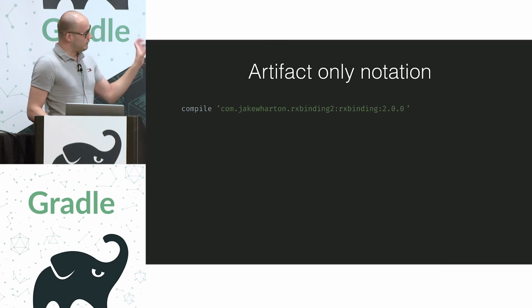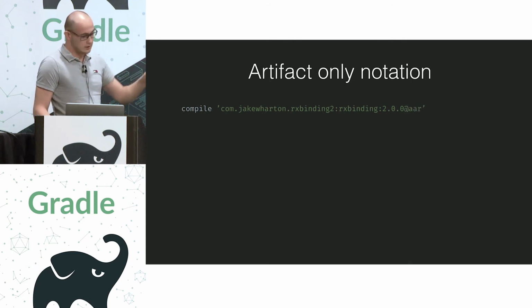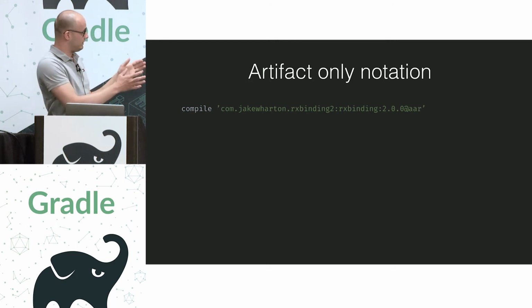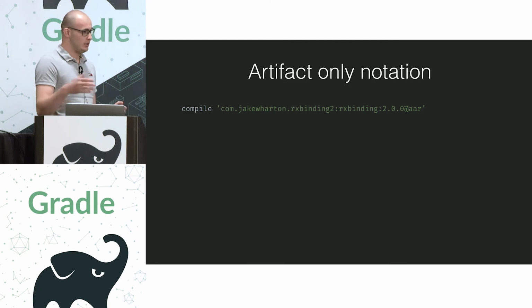So I mentioned the add extension option. This is called an artifact-only notation. And if we say that we want a Rx binding AAR, this says I want only AAR artifact from this library. And libraries can have jar and AAR and whatever, like, I don't know, sources. They can define various artifacts.